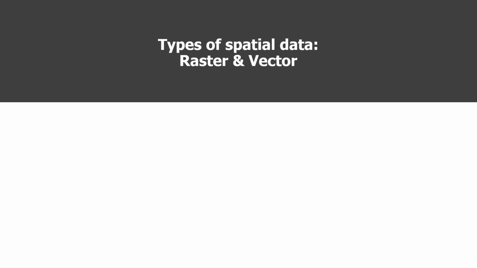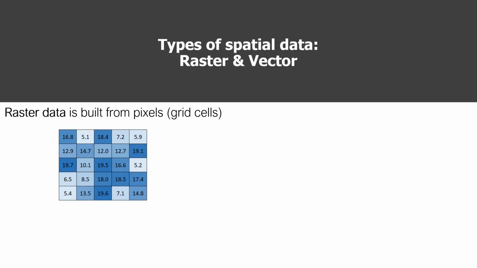Any geospatial data you encounter in this course will be mainly of two types. The first type, raster datasets, are built from pixels or grid cells, where each pixel has a numerical value or a set of values denoting the attributes it measures. The dimensions of a single grid cell defines the real-world resolution of the dataset.